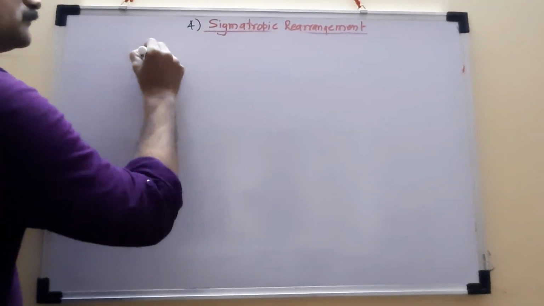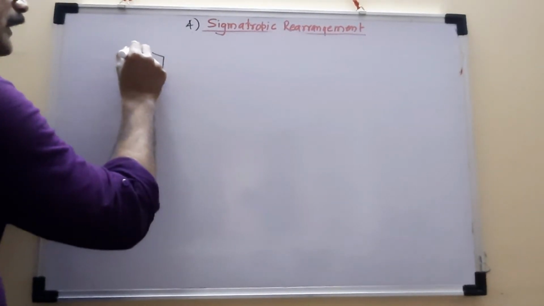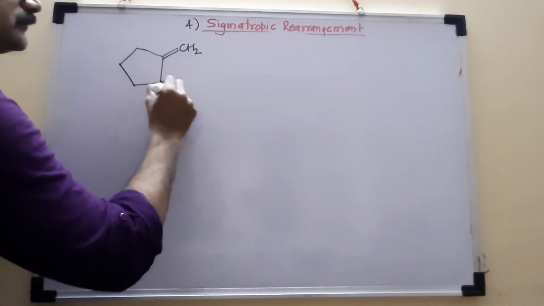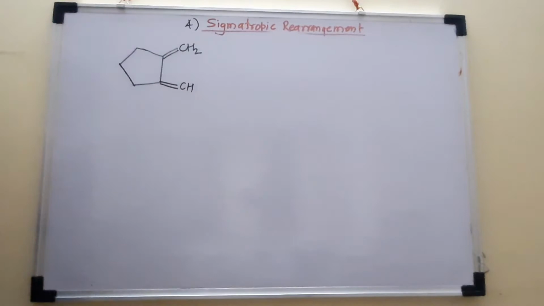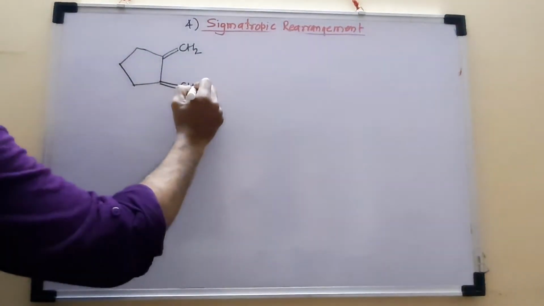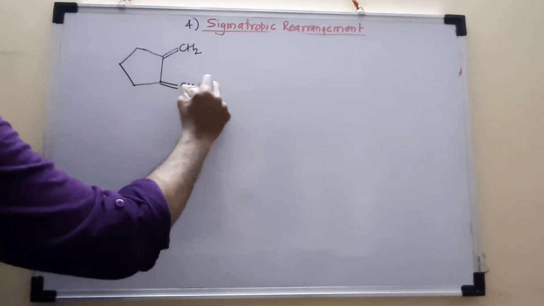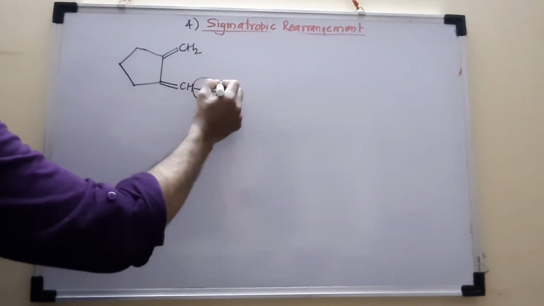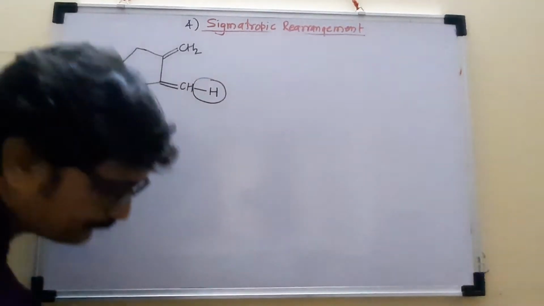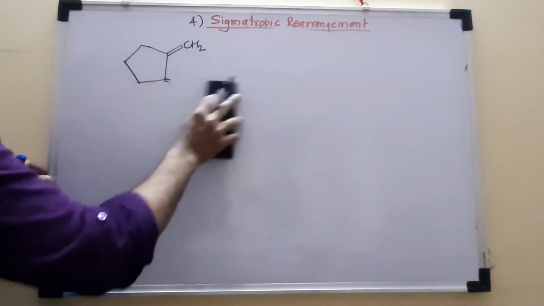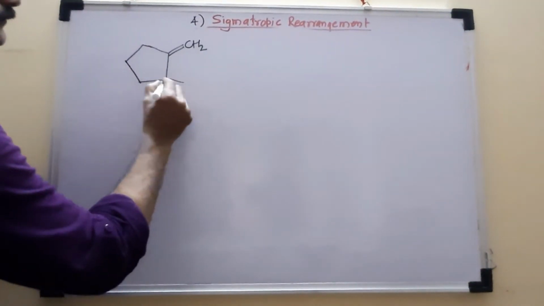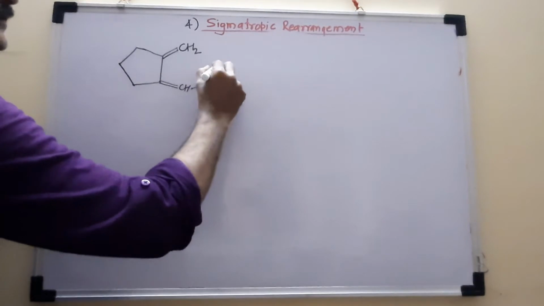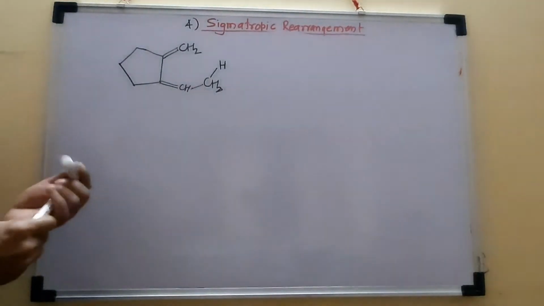I'll use this kind of molecule here. Now this bond is, oh, I'm sorry, I need to add one more carbon, and then CH2 and H. See, a similar example.